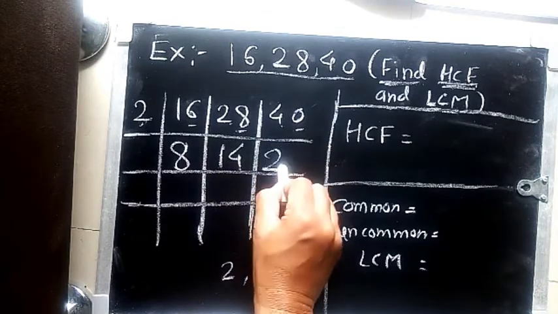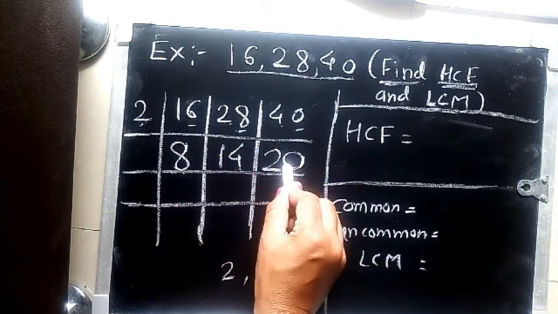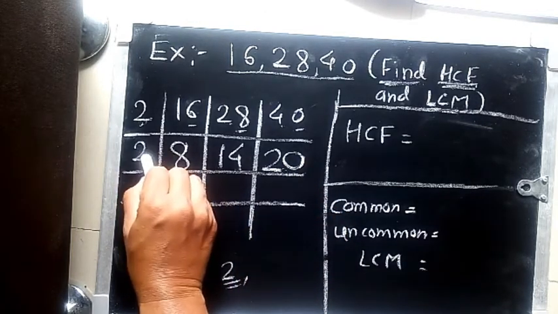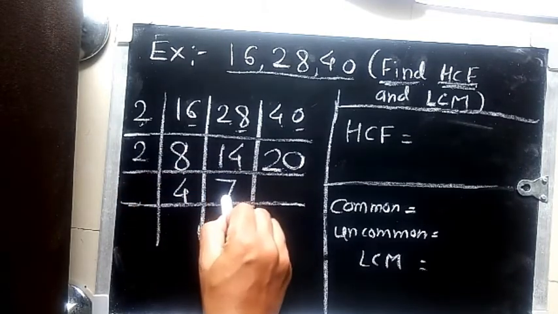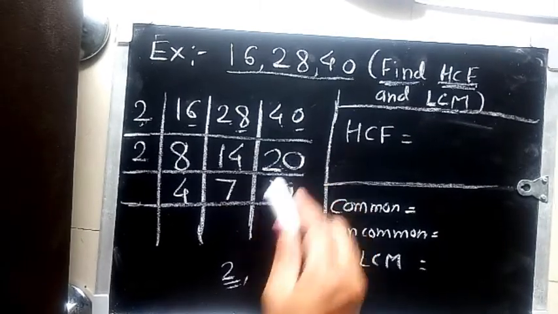Answer is 8, 14 and 20. Divided by 2: 2 fours are 8, 2 sevens are 14, 2 tens are 20.